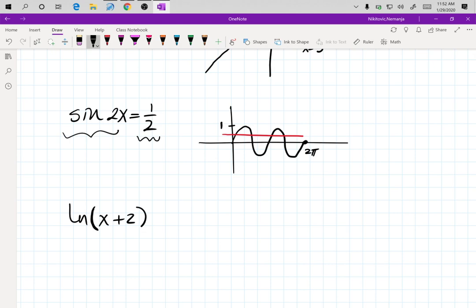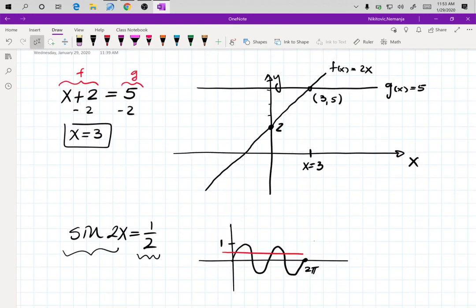We are talking now pre-calc 1. ln of x plus 2 is equal to 3x. This equation cannot be solved using what we call the analytical method, meaning massaging these expressions with x's and y's and numbers and so on.